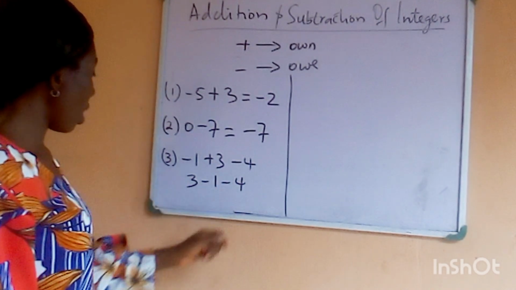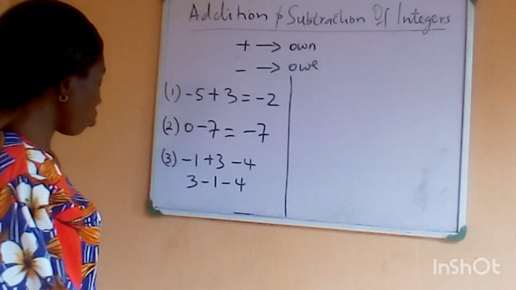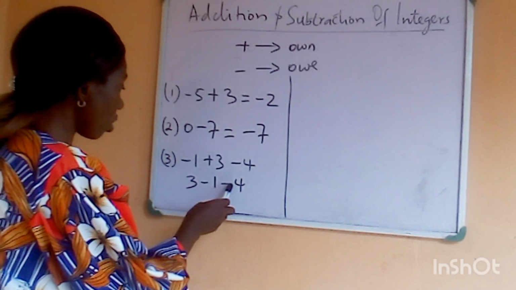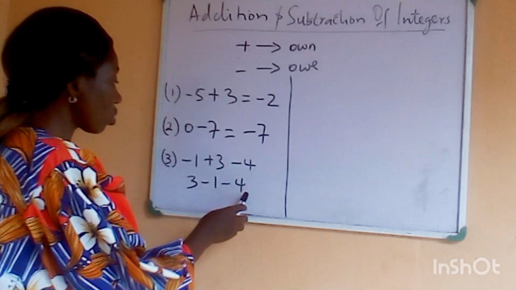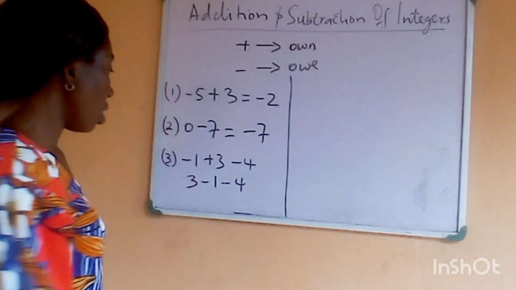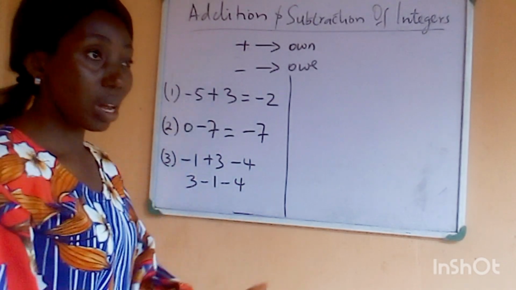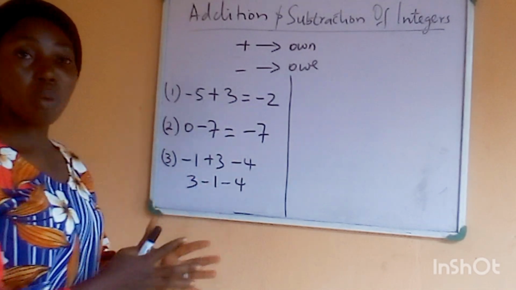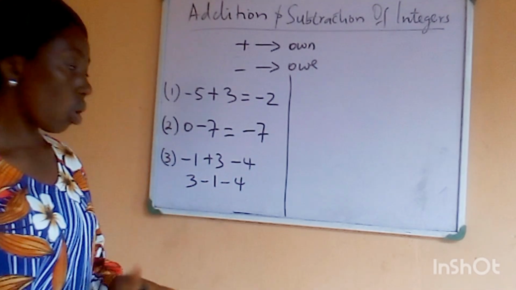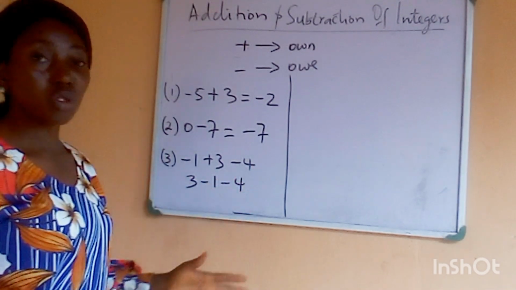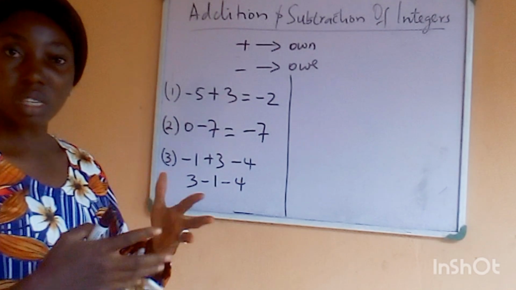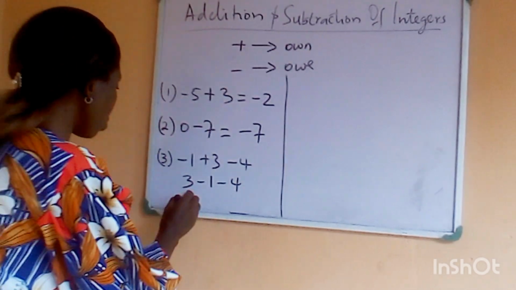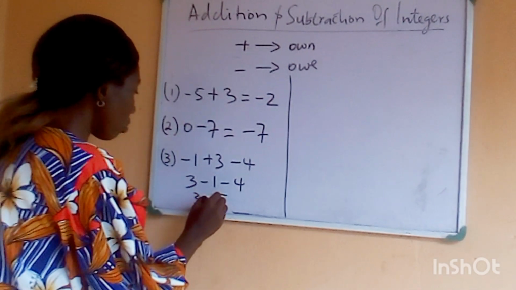Now minus 1 minus 4 means you're owing 1 and owing another 4, so you add up what you are owing. The total you're owing is 5. So it's going to be 3 minus 5.